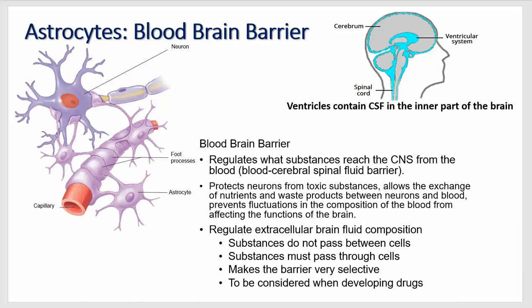The purpose of the blood-brain barrier is to protect neurons from toxic substances, and toxic could mean anything, even something that is toxic to the brain though it's fine in the periphery. It allows the exchange of nutrients and waste products between neurons and blood, and prevents fluctuations in the composition of blood from affecting the functions of the brain.